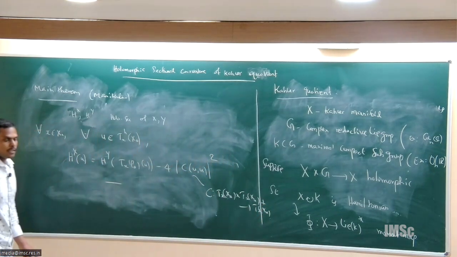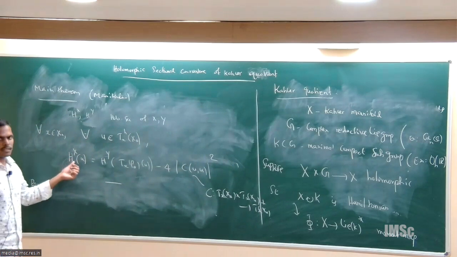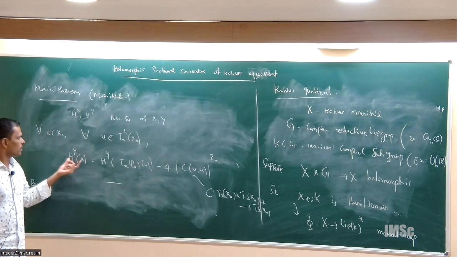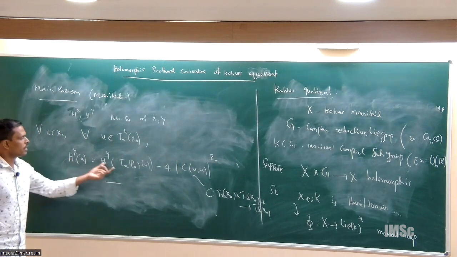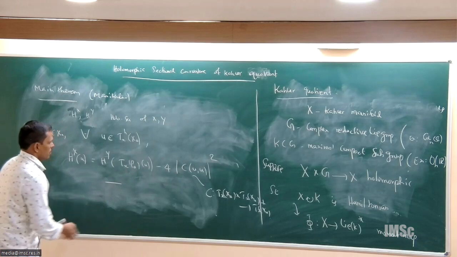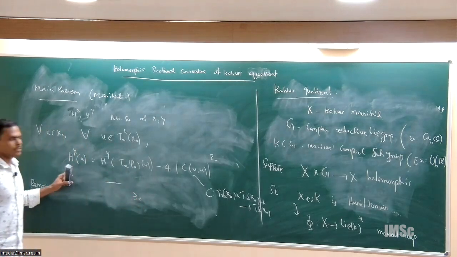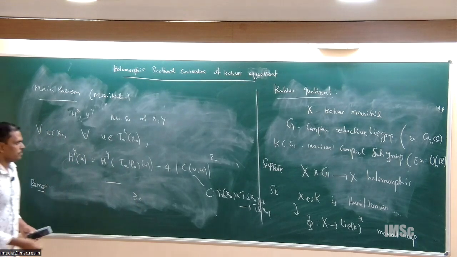This is the main result, and the remark is, suppose X has a flat metric, then the holomorphic sectional curvature is 0. In this case, we know the holomorphic sectional curvature of Y is greater than or equal to 0 if you assume X is flat.